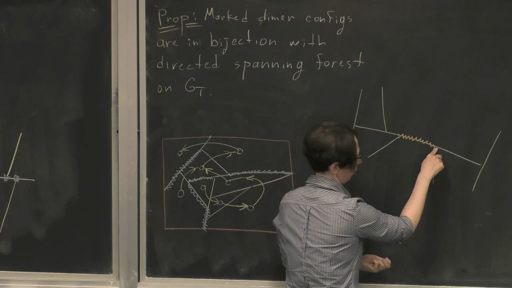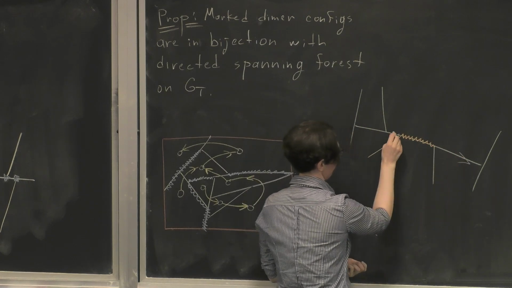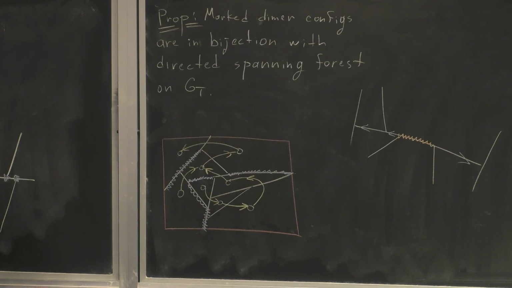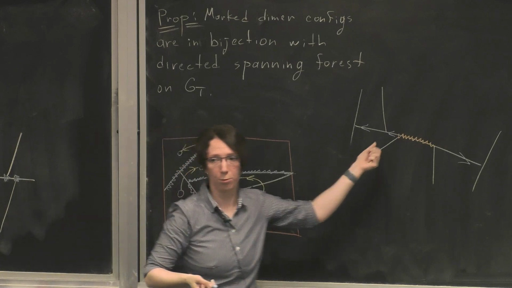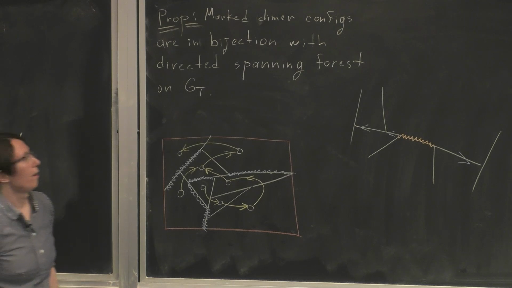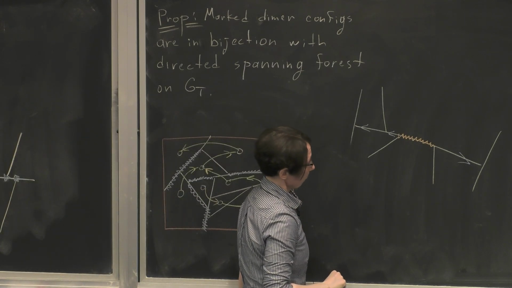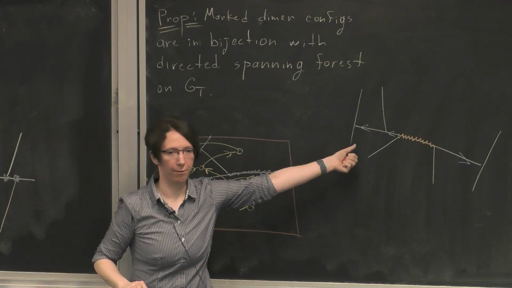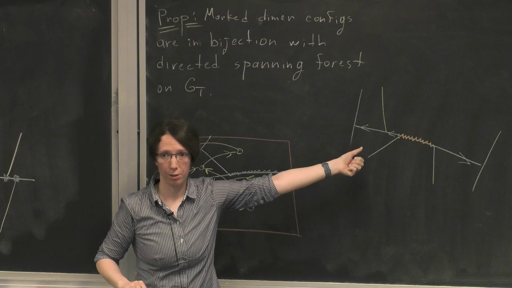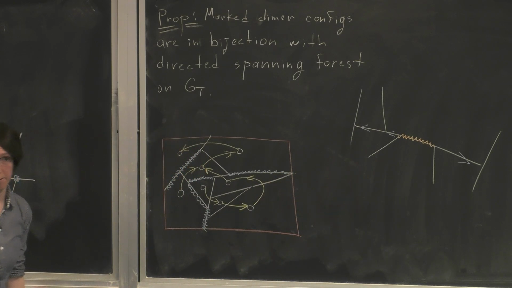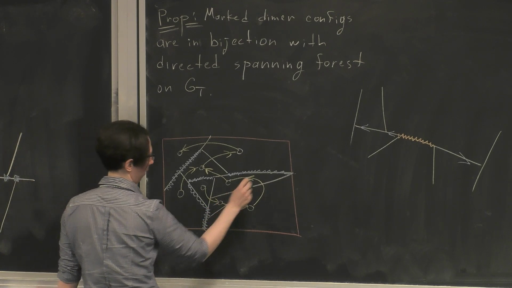So I just choose everything here to go that direction, and everything there to go this direction. Note that this is the direction which we do have in our directed graph, right? So I claim that if we choose this direction at each edge of the complement of the marking, then it gives us an oriented forest, a directed forest.